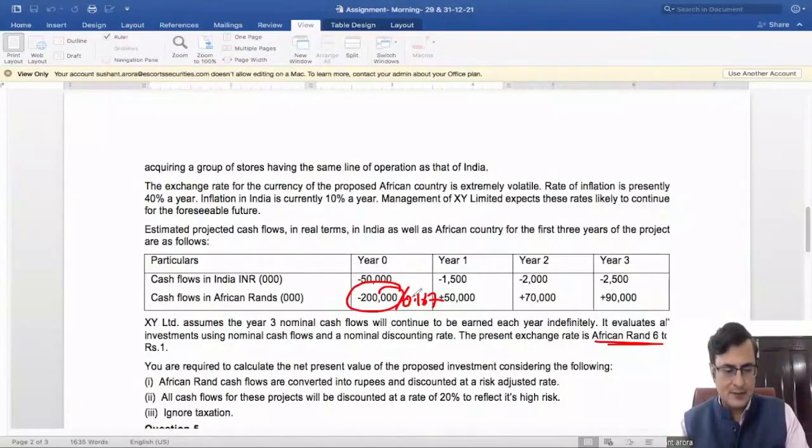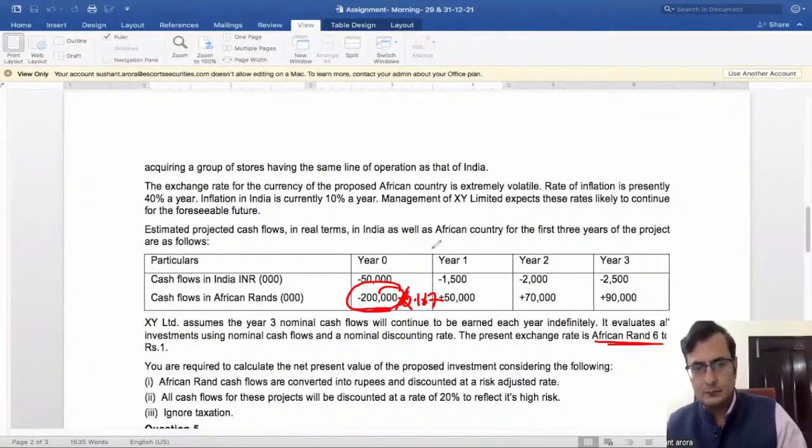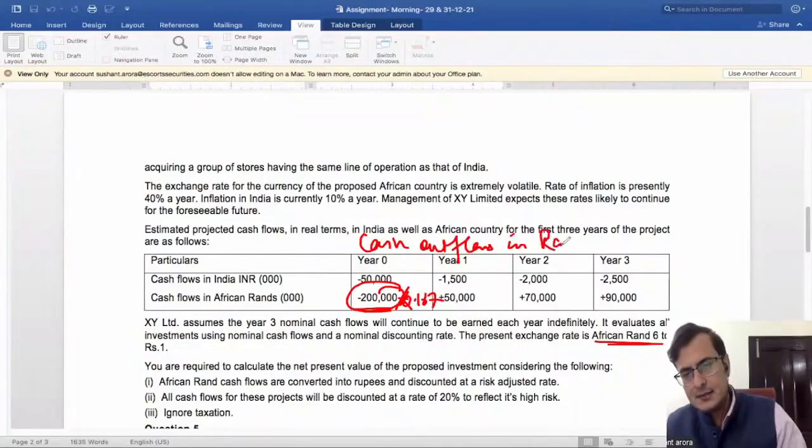So 50,000 plus this 2 lakh, divided by 0.167. Sorry, either divide by 6 or multiply by this. So 2 lakh into 0.167 is 3340, the cash outflow in rands. This is the base currency per rupee.